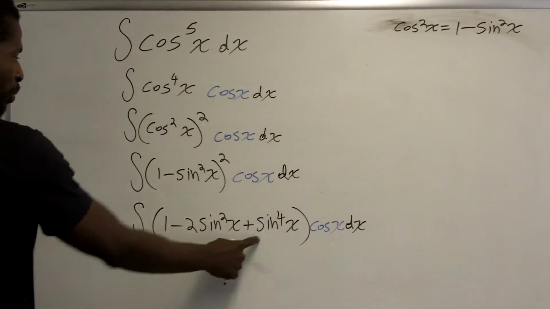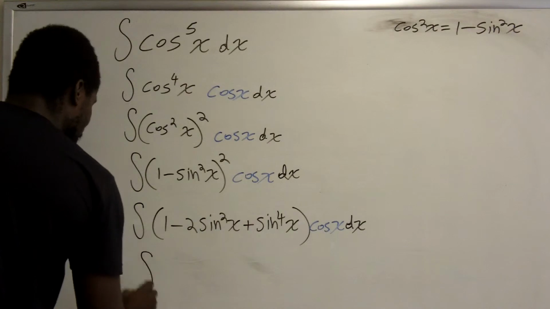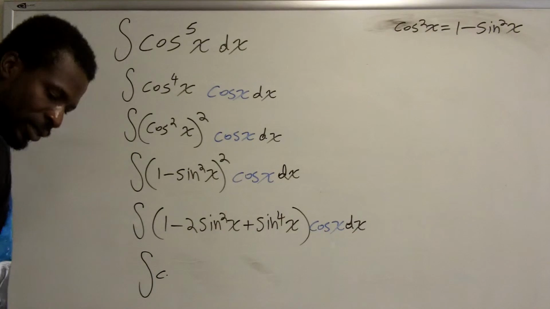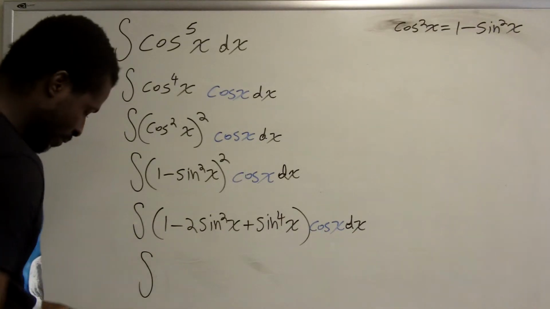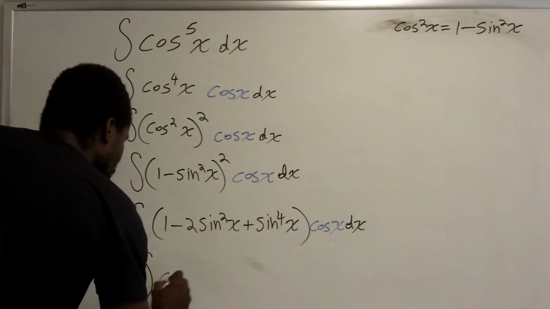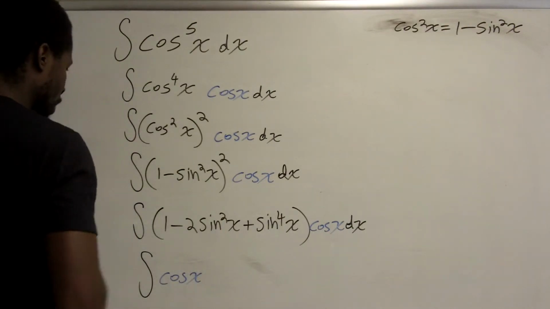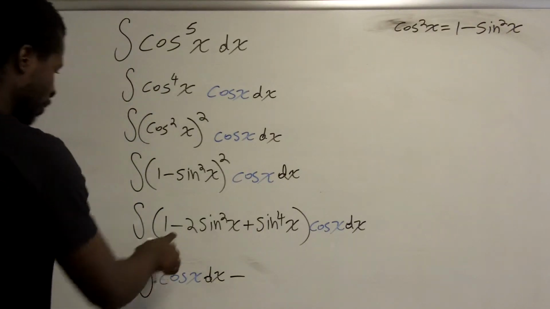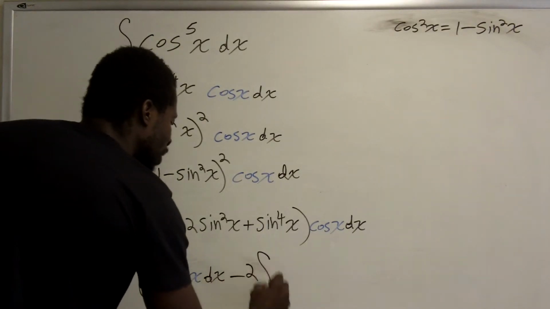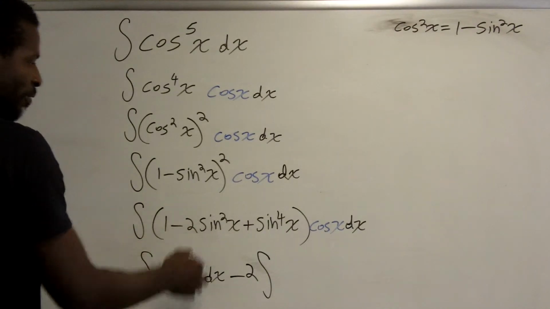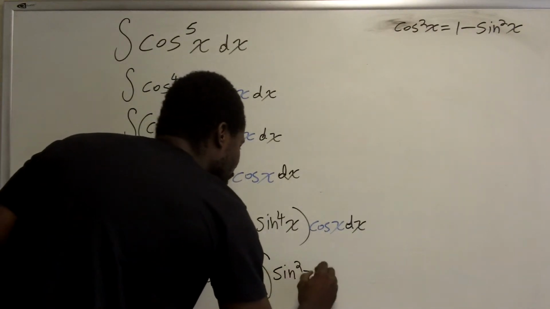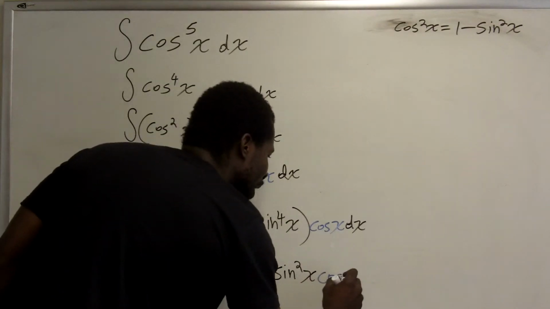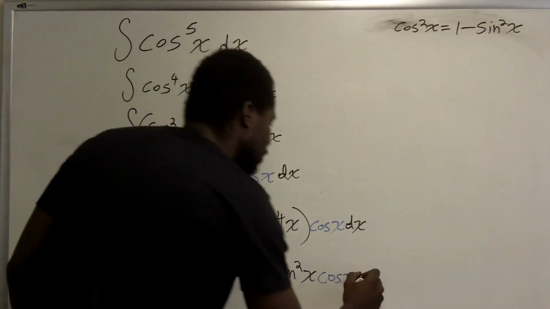I'm going to get 3 different integrals. The first integral is just the integral of cosine of x dx. The second integral is negative 2 times the integral of sine squared of x, and then I'm distributing the cosine and the dx, so it's times cosine of x dx.